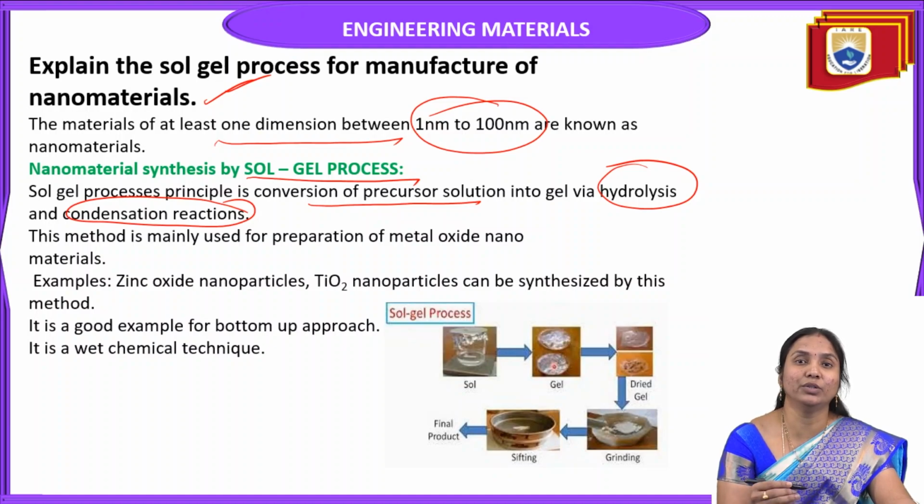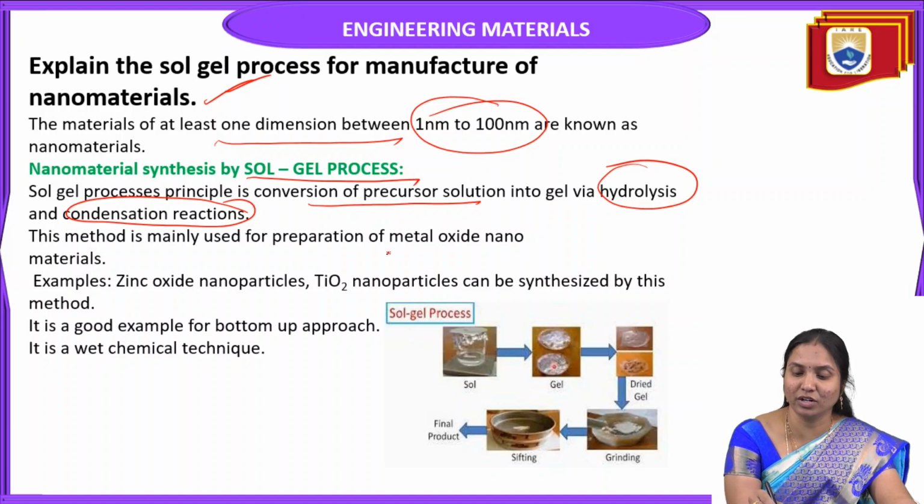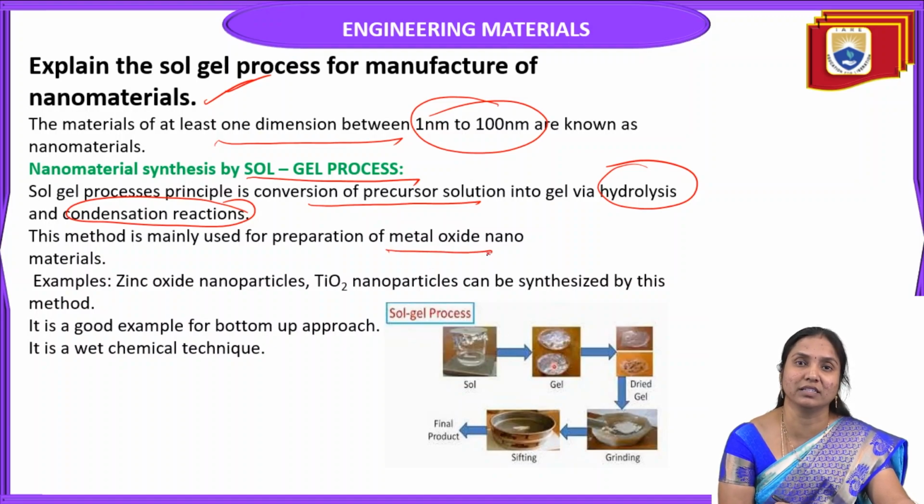The precursor solution is converted into gel via two steps, hydrolysis and condensation reactions. So this method is mainly used for preparation of metal oxide nanomaterials.